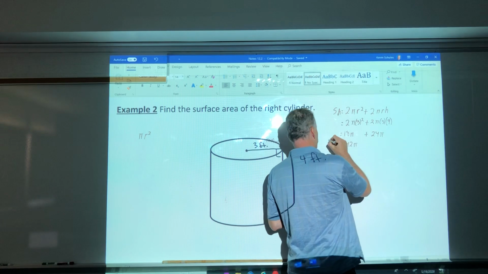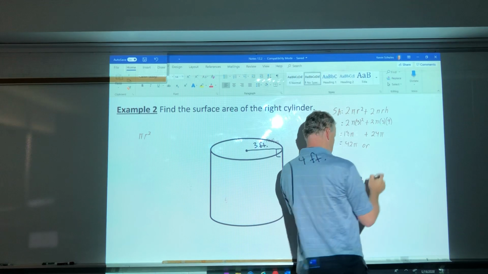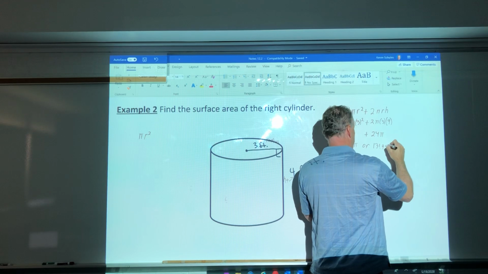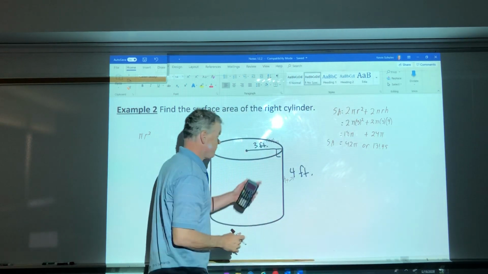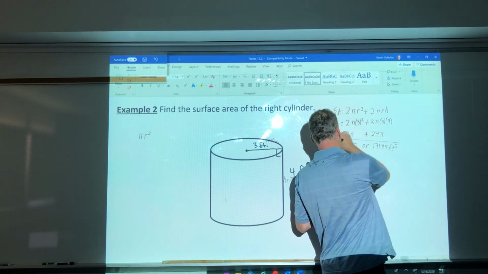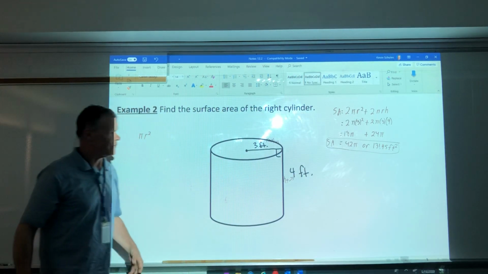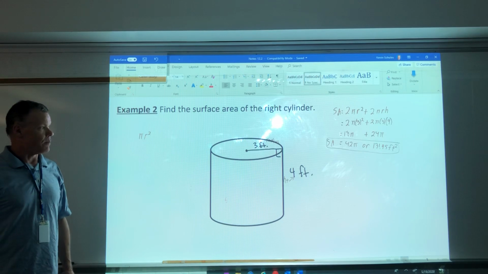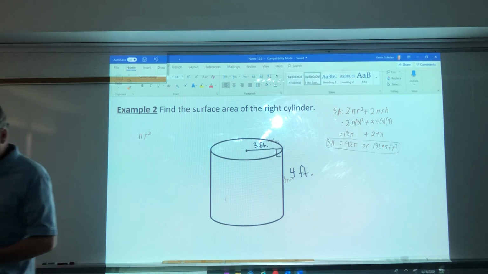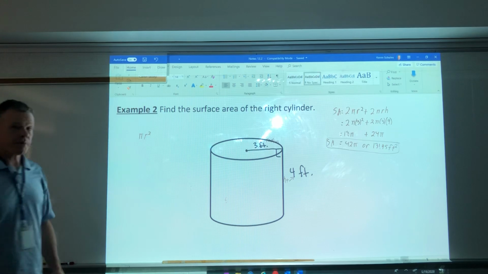So our surface area in terms of pi equals 42 pi, or 131.95, and that was in square feet. Sometimes you'll see your answer in terms of pi, sometimes in terms of an exact number, which all we did was multiply the 42 times the pi. Okay, so that's basically it for surface area of prisms and cylinders.